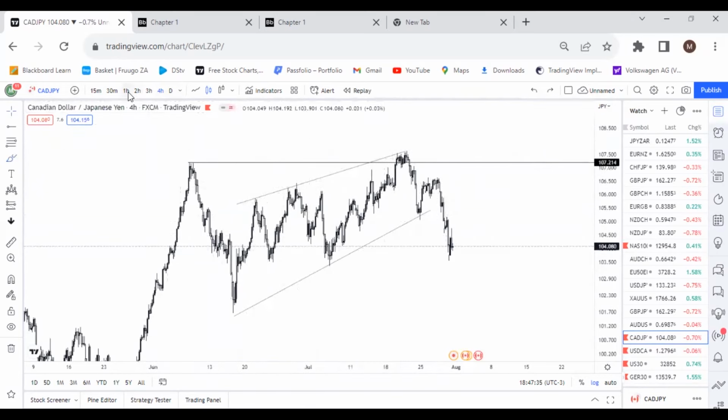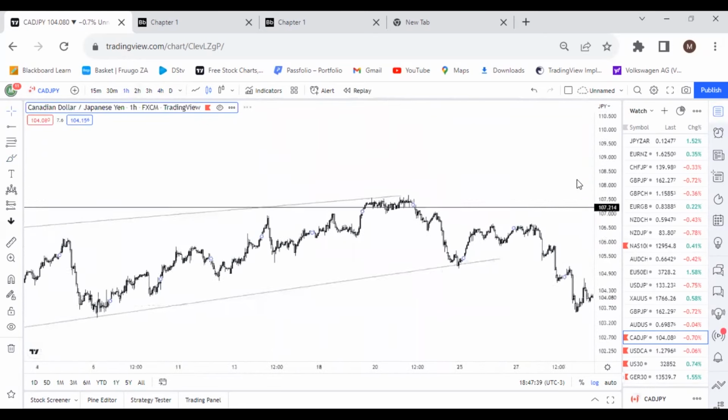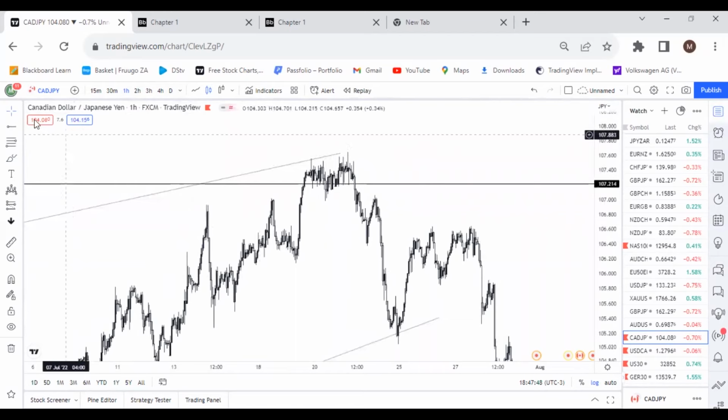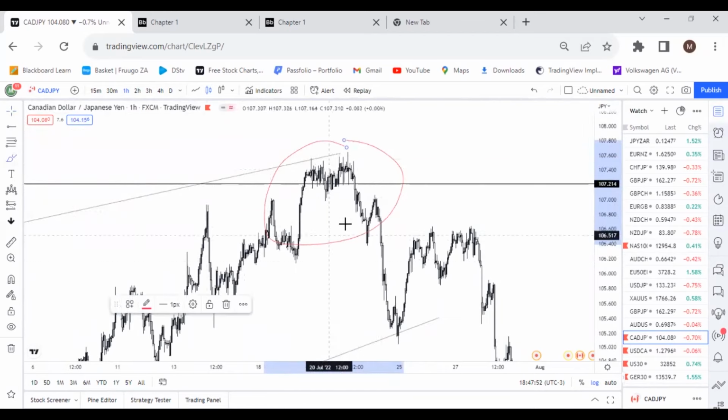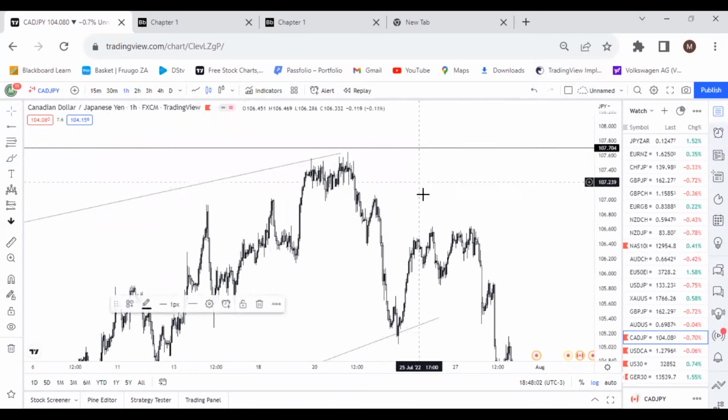So I just want to show you something interesting about the third touch of the structure, or the second top of the double top structure. So this area is the third touch, right? I'm just going to move these up.